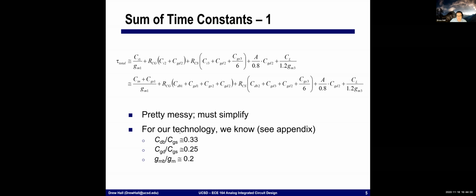For example, CDB divided by CGS, I know that this is about 0.3 in our technology, or in my made up technology. CGD divided by CGS is about 0.25. GMB divided by GM, I've already talked about this one, it's about 0.2. I'll show you the actual numbers that I did in my appendix in just a second.